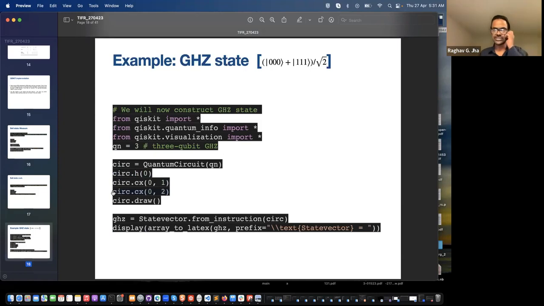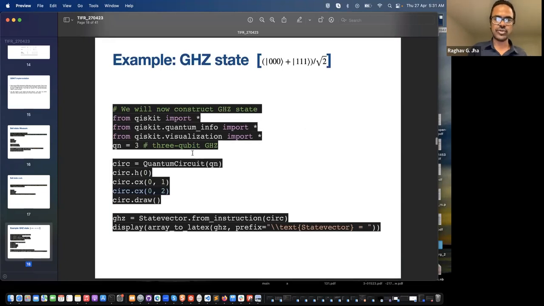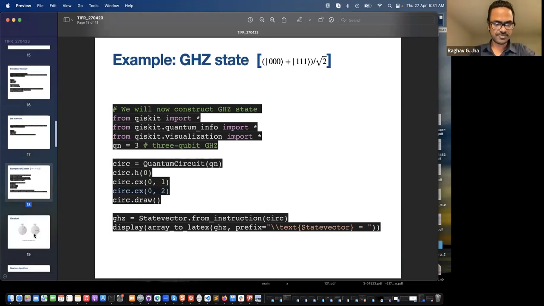And once we do this, we'll be able to reproduce this state, which is the entangled state of 3 qubits. There's another way of entangling 3 qubits, which is known as the W state. But you can also construct that. But the basic idea should be clear that Qiskit can be used to construct states and manipulate them. And these are very important when we do some applications.